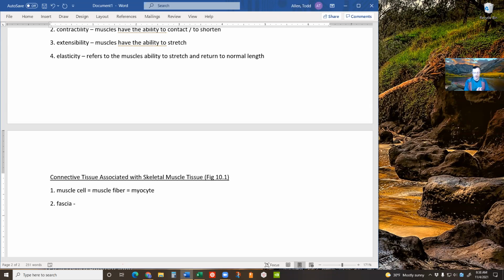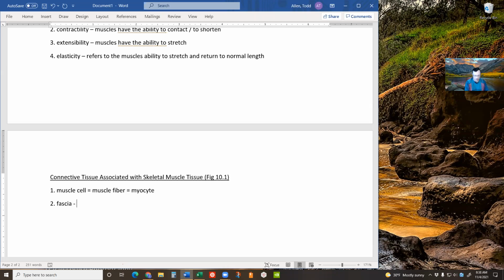Fascia refers to sheets of dense, irregular connective tissue that lines body walls and surrounds muscles and other organs, typically for the purpose of stabilizing those organs, holding them into position so they don't inappropriately rub up against each other or collide with each other as you move, right? Because as you move, your internal organs are shifting around a little bit. We don't want them to shift too much because they might damage themselves if they did that.